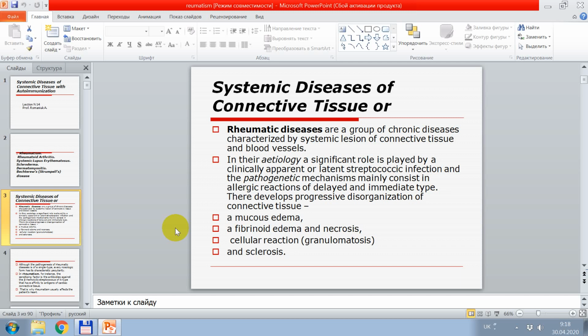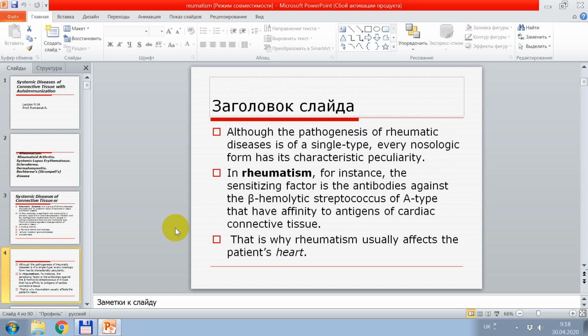There develops progressive disorganization of connective tissue: mucous edema, fibrinoid edema and necrosis, cellular reaction of granulomatosis, and sclerosis. This pathological process was studied in the first semester.